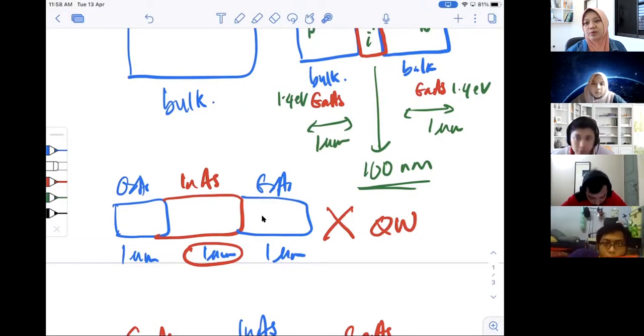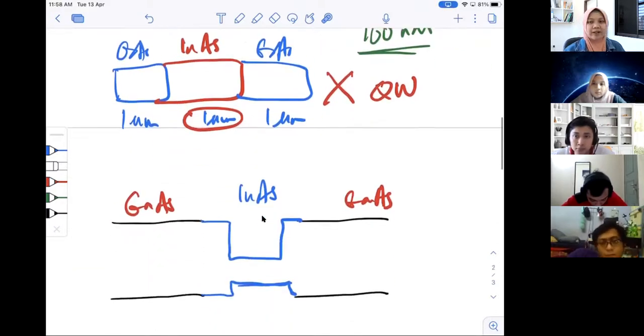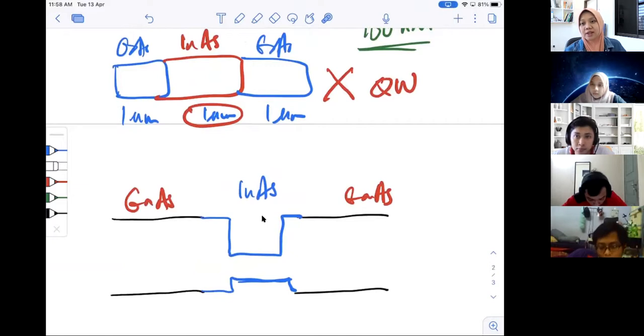Hopefully some of you will do, I think most of you will do homo junction, but it will help if you can find photos of a hetero junction devices, LED ke, you know. Biasanya dalam dunia ini jarang orang pakai homo junction nowadays. Biasanya kalau nak efficient, it has to be hetero junction.